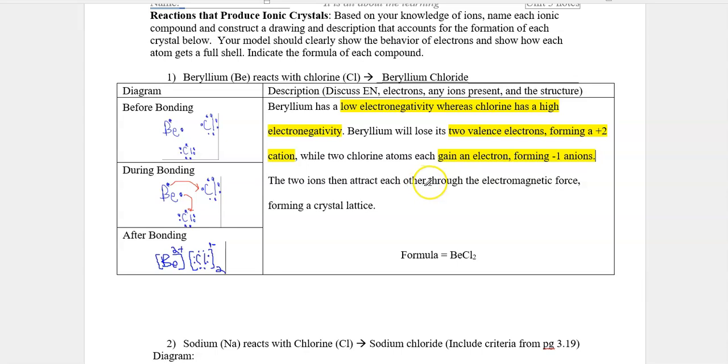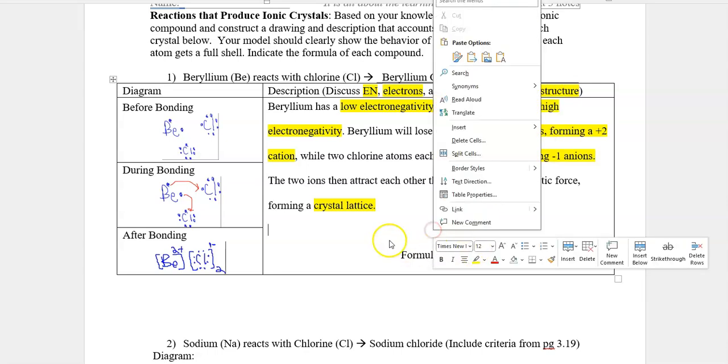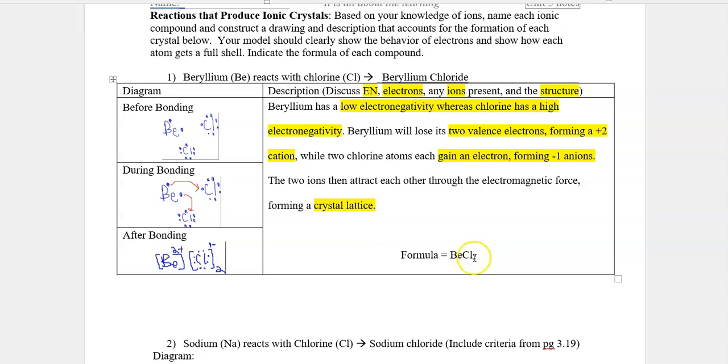The ions then attract each other through the electromagnetic force, forming a crystal lattice. So there's the 4 things we were supposed to talk about: electronegativity, electrons, ions, and structure. The formula would be Be, but there's only 1, so no subscript. Cl, but there's 2 of them, so we put a 2 as a subscript, which is the little number down there.